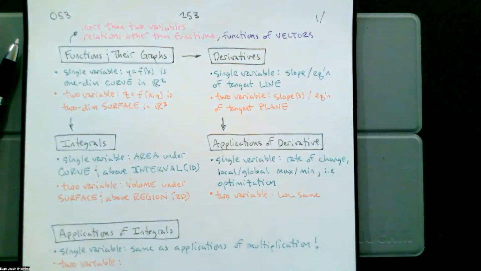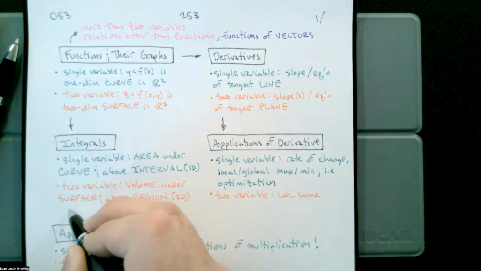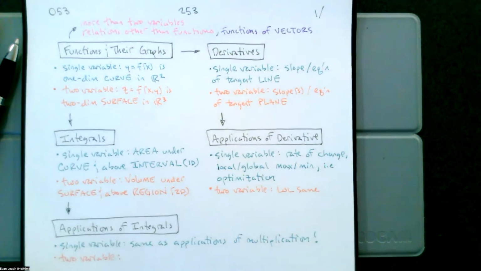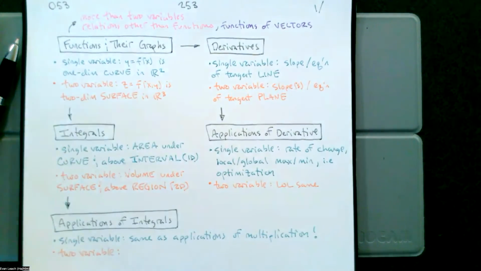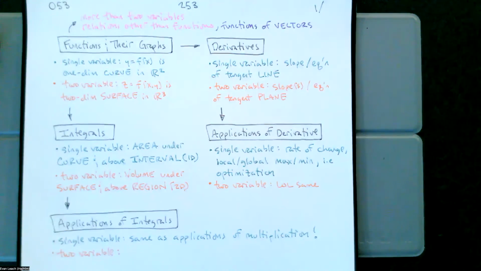Once we get the hang of describing these integrals, we're going to want to think about applications of integrals. And we're going to remember that applications of integration are the same as applications of multiplication.